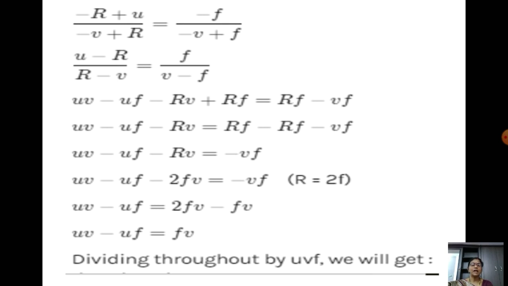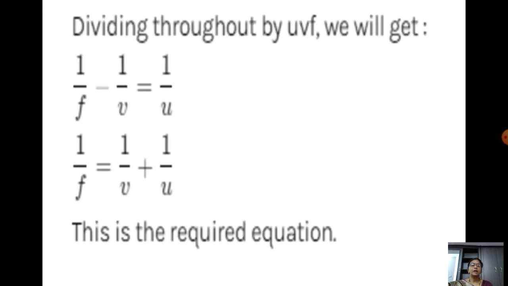By substituting that value, we get UV minus UF is equal to FV. Now dividing throughout by UVF, we finally get 1 by F minus 1 by V is equal to 1 by U. The required equation is 1 by F is equal to 1 by V plus 1 by U. This is the mirror equation formula. It holds good both for the concave mirror as well as for the convex mirror.